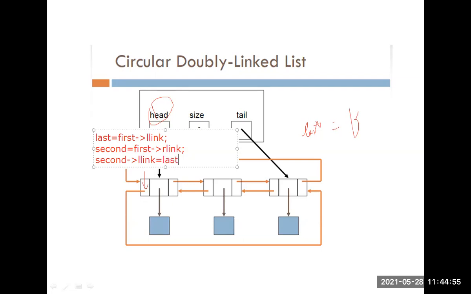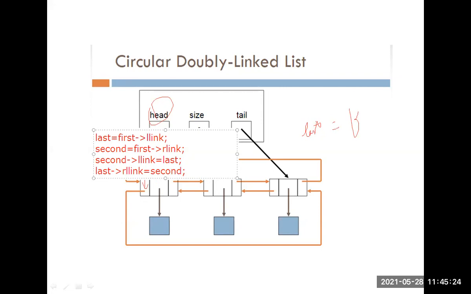So second of left link equal to last. And last of left link contains the first node address, that is second. Now what we have to do is last of right link equal to second.